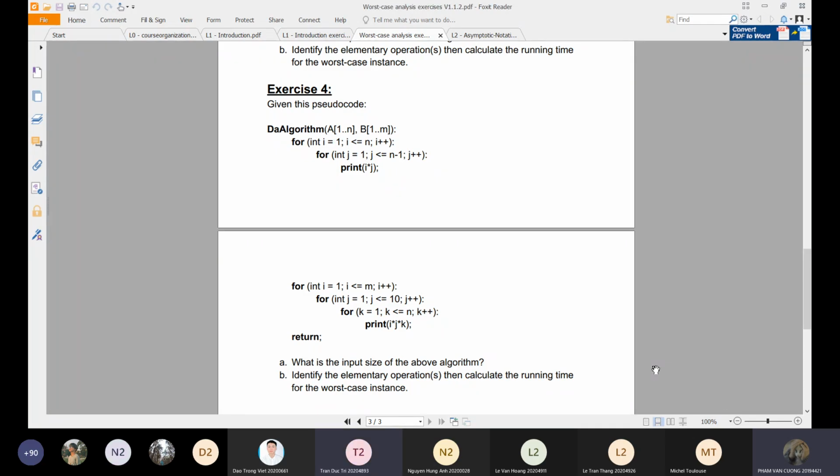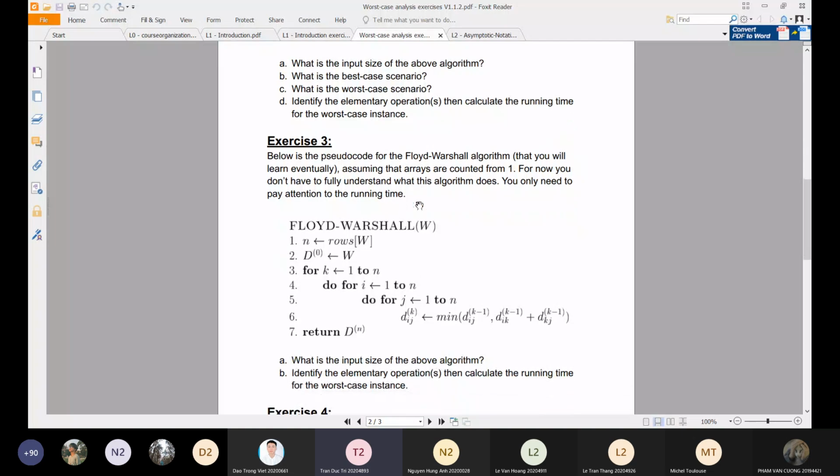Excuse me. Okay. When k from 1 to n, so it is from 1 to n minus 1, and if k equals n, it returns false, right? Oh, no. When k is equal to n, it still returns true, and when i is equal to n, it also returns true. The check if j is less than n is our basic operation, right? So we are only interested in whether or not this check j less than n is executed. So it is actually executed n plus one times.